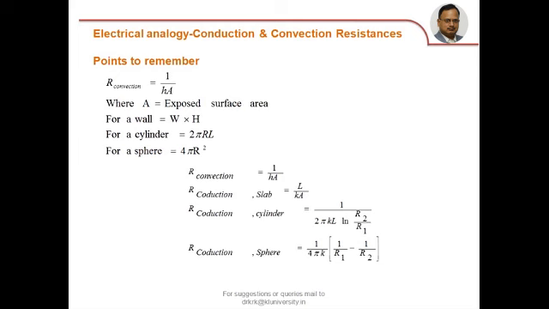The formula for the convective resistance is 1 by hA, where A is the exposed surface area, and for a wall the exposed surface area is width of the wall into height of the wall, and for a cylinder it is 2 pi RL, and for a sphere it is 4 pi R squared.